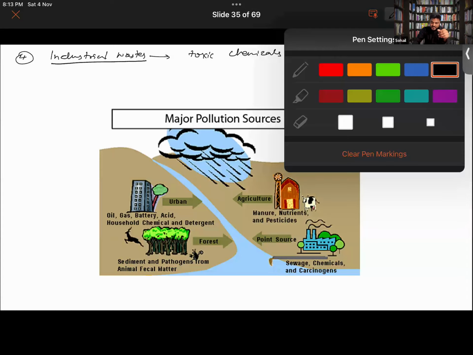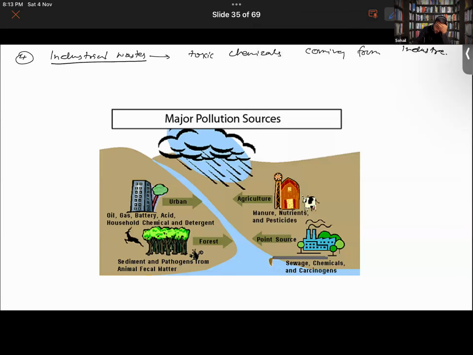Yes, sir. अब industries में क्या होता है ना, if you were to see whether it's an automobile industry or the refined metallurgy industry where metals are being refined or extracted from their ores, or wherever there's an excessive use of chemicals also, thereby a huge amount of waste will be discharged by the industries into the nearby lakes or rivers, right? Yes, sir. So इस तरह से क्या हो रहा है ना, the river water or the lake water are getting polluted due to those toxic chemicals, right?